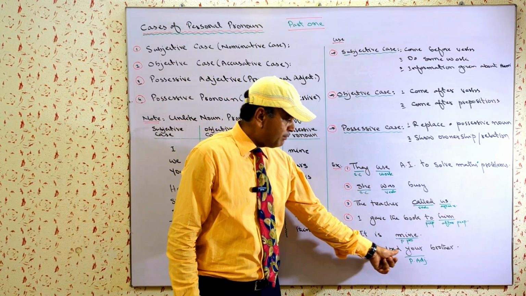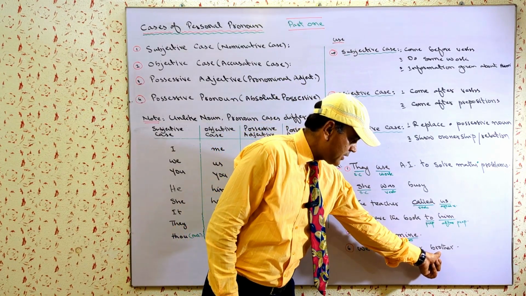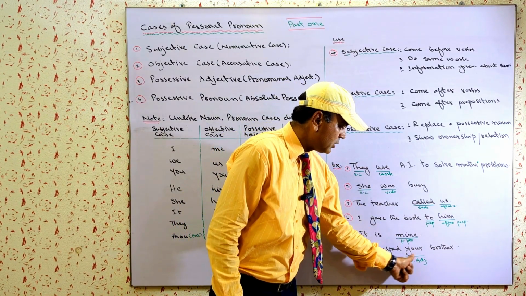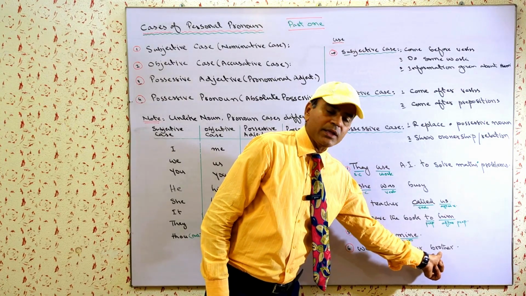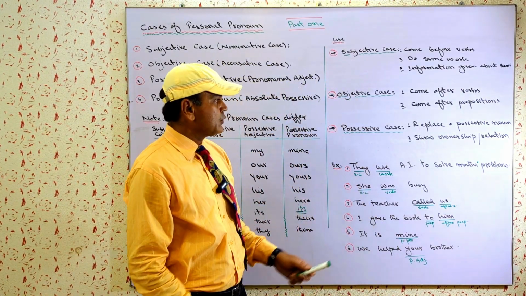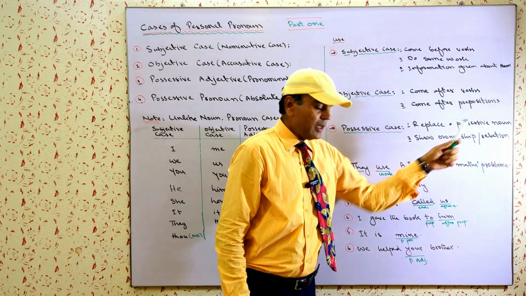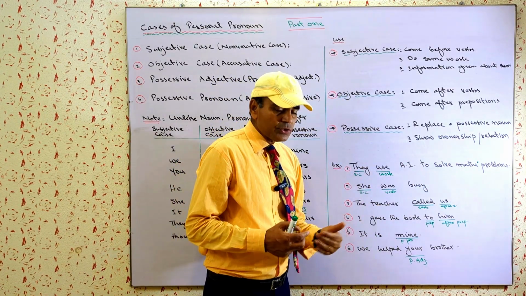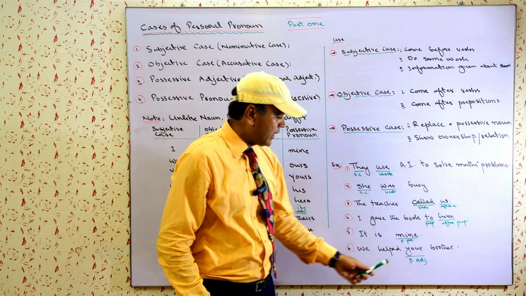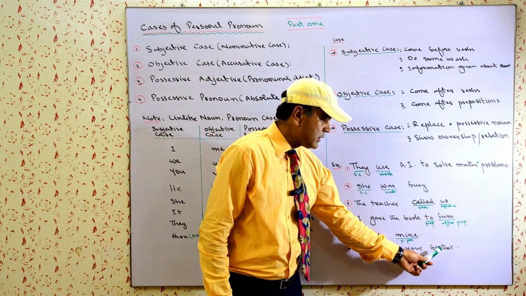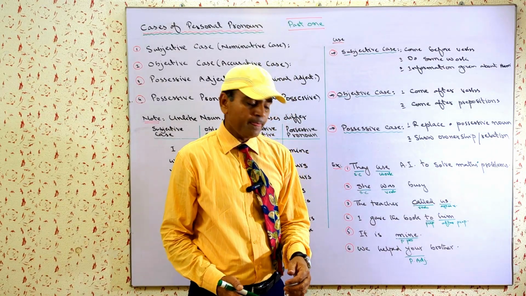We helped your brother. Here your shows the relation with brother. As I have already told you, it shows ownership or relation. Here your shows relation with the brother.